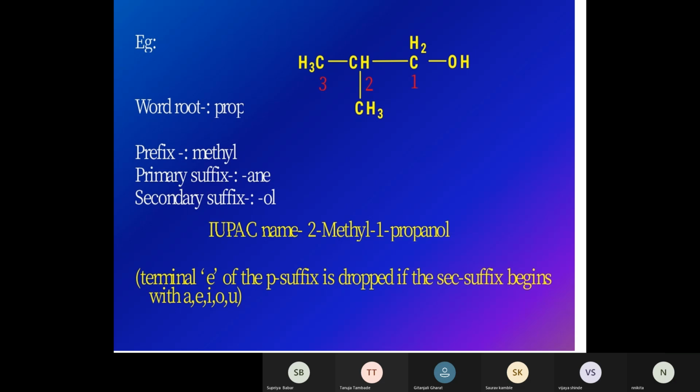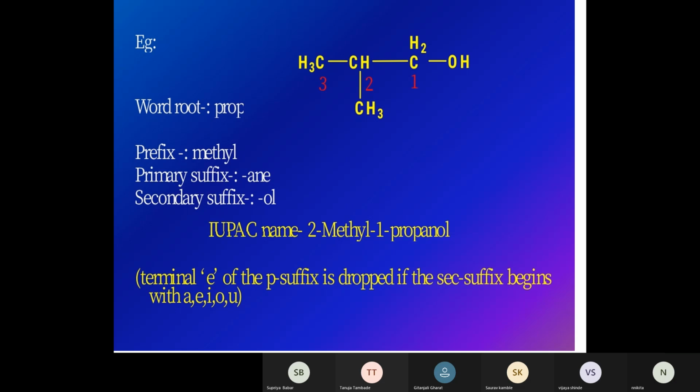Then you will use that table. If the number of carbons is 3, then we will use the word root prop. Now see, on the second carbon there is a methyl group attached.